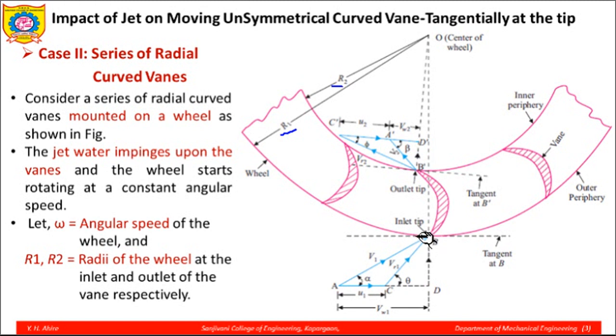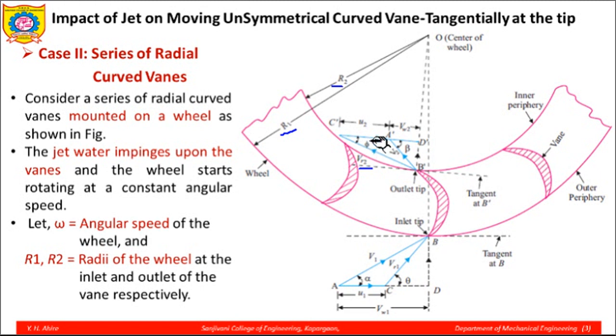So water will enter smoothly and tangentially with the relative velocity over the inlet tip of the vane. It will glide smoothly over the surface of the vane and will exit at the outlet tip of the vane with relative velocity VR2. So this is relative velocity VR2, tangential to the vane at the outlet tip.